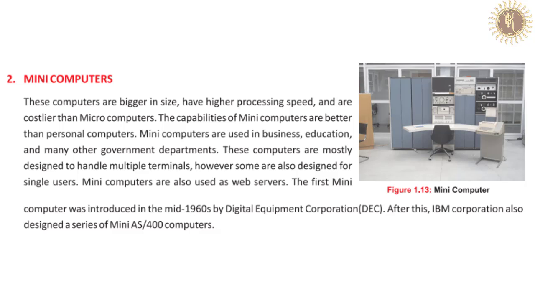Minicomputers are used in business, education, and many other government departments. These computers are mostly designed to handle multiple terminals, however some are also designed for single users. Minicomputers are also used as web servers. The first minicomputer was introduced in the mid-1960s by Digital Equipment Corporation (DEC). After this, the IBM company also designed a series of Mini S400 computers.